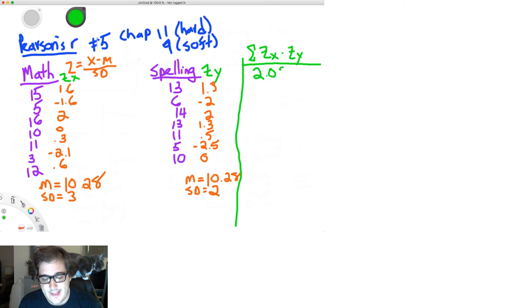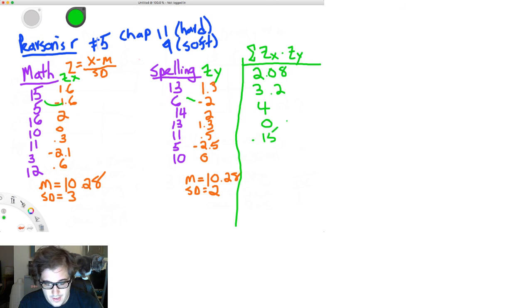You should wind up with 7 of these numbers because you're multiplying one of these observations by one of these observations. So negative 1.6 times negative 2 gives you positive 3.2. 2 times 2 is 4. 0 times 1.3, 0. 0.3 times 0.5 is 0.15.